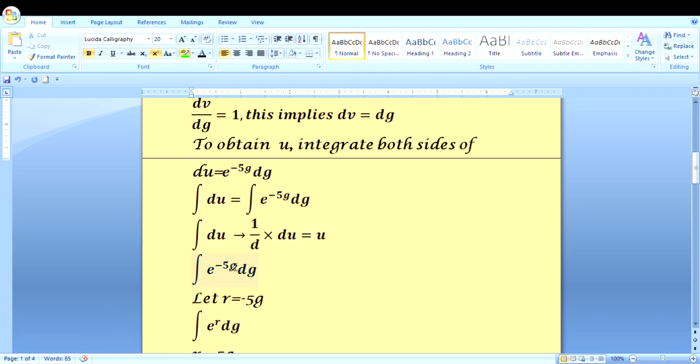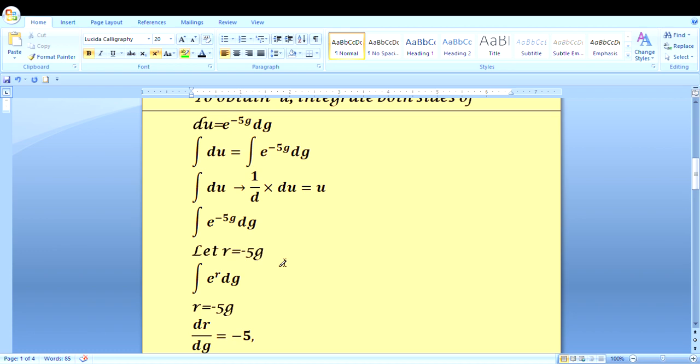Then to integrate the integral of exponential minus 5g dg, first we say let this power here, this exponent here, be equal to r. Say let r is equal to minus 5g, so that the integral will become exponential r.